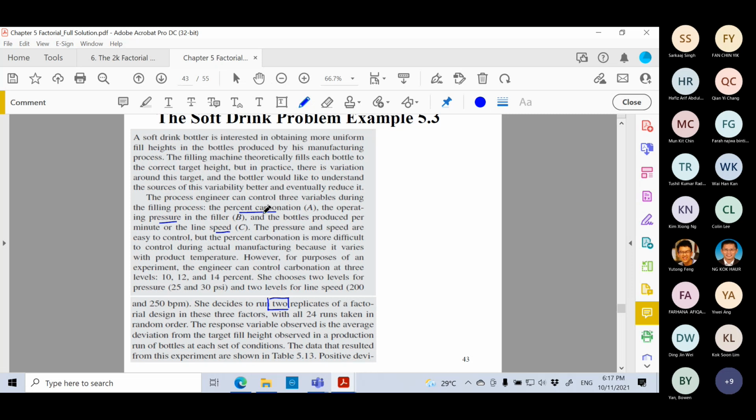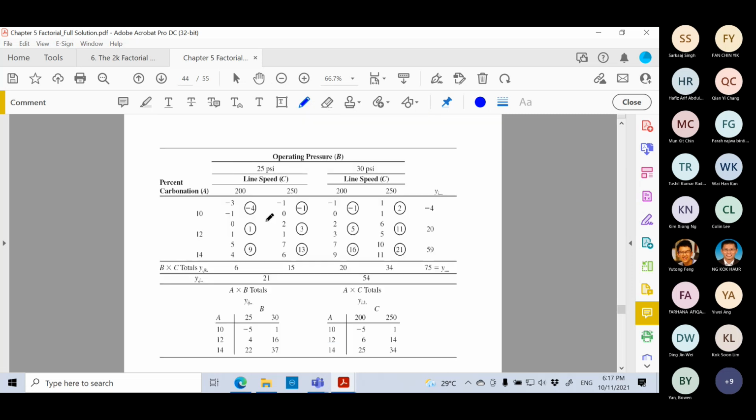So it depends on how many factors you need to check in your experiment, how many factors you concentrate on. This is the data you have. Factor A consists of 3 levels, whereas factor B consists of 2 levels, as well as the line speed, factor C, which consists of 2 levels here.